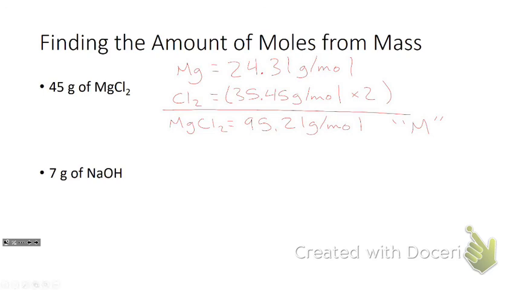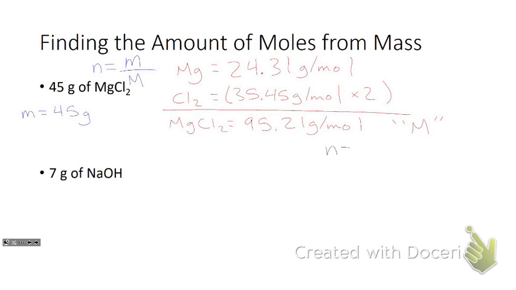What is my little m? What is my mass of sample? 45 grams, good. So don't forget, N, number of moles, is equal to mass of sample divided by molar mass. So now let's just put those into that formula.